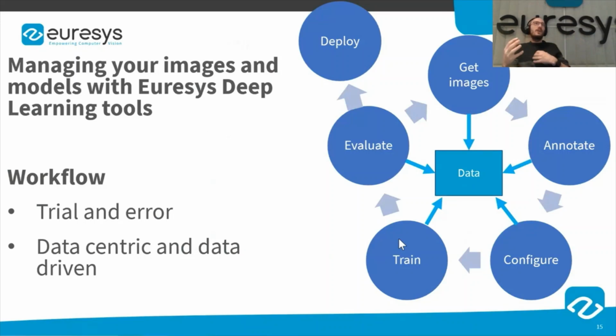According to if they are satisfactory, we can go to deployment. Otherwise, we need to start over and try to improve our data sets, maybe improve the model. At each step, either you generate data, for example, by annotating images, or the tool will generate data, for example, by computing results with the model that we have just trained. Having a tool that properly tracks all the data that is generated across all the steps of the workflow is really useful to help you create your deep learning models.